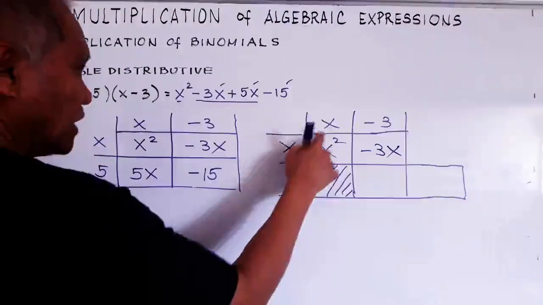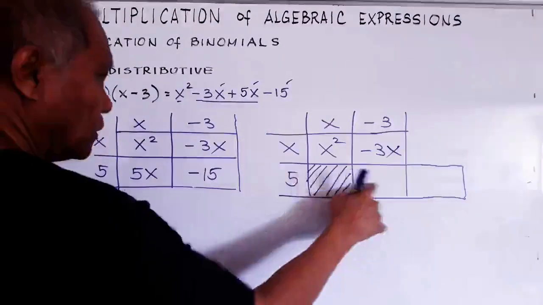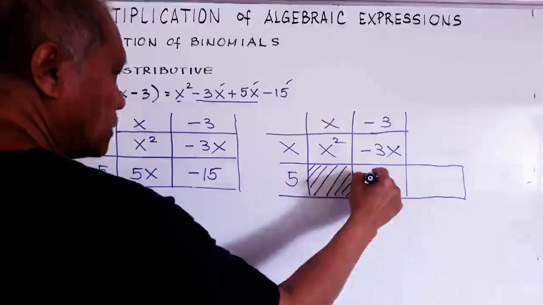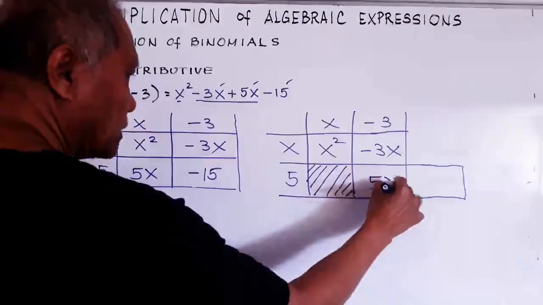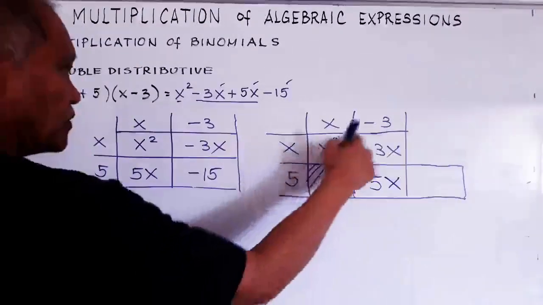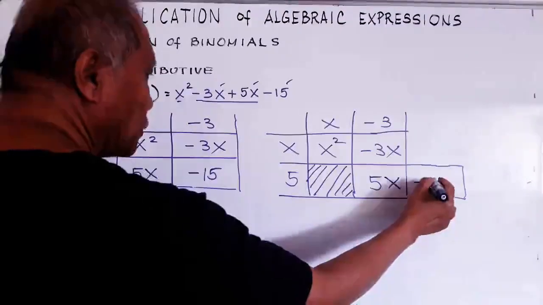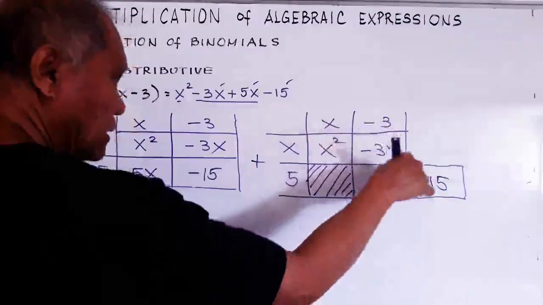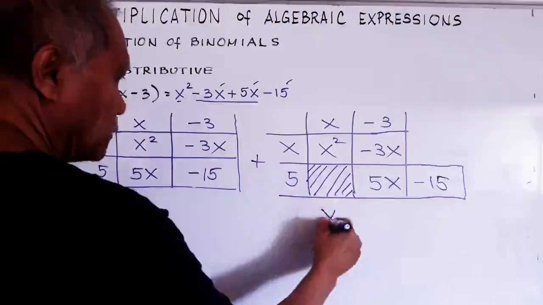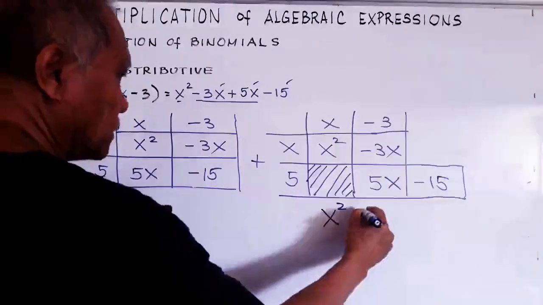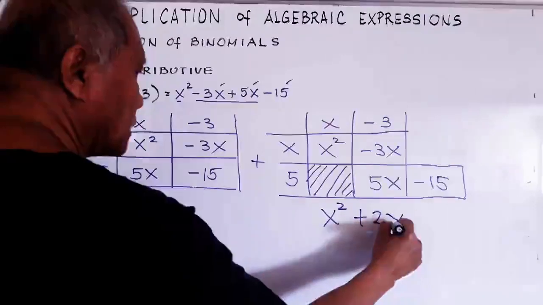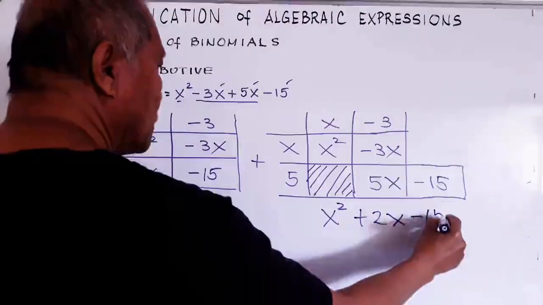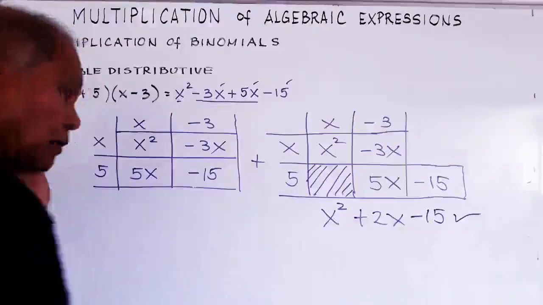When I multiply 5 times x, instead of putting here, I'm going to slide that one there. So we have 5x there. When I multiply 5 times negative 3, I'm going to put here. So when I add this, we have x squared, and then this one is positive 2x, and that is minus 15.